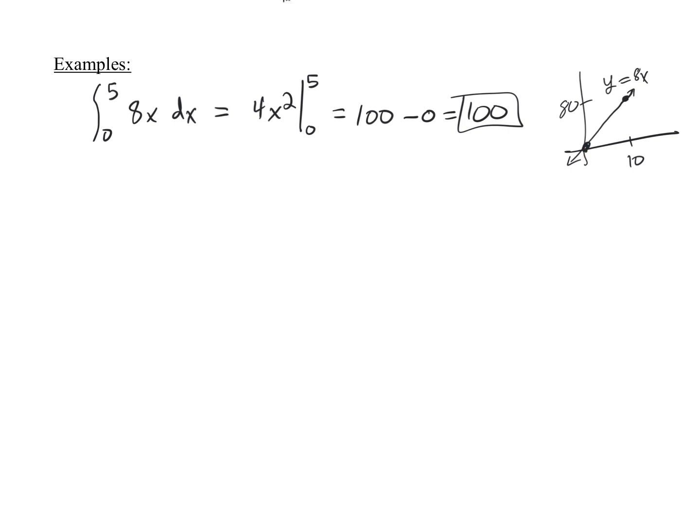So 0's here, 5 would be halfway through. So we'll put in 5 right here. And the area, I know that the scale is very large, so it doesn't really look like this is 100 square units, but it is. From 0 to 5, on this line, you would have a total shaded area of 100 units underneath the line.